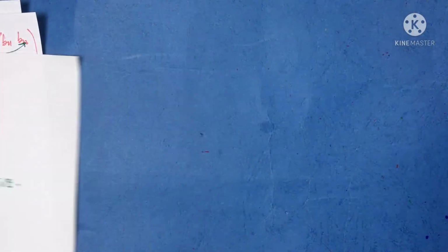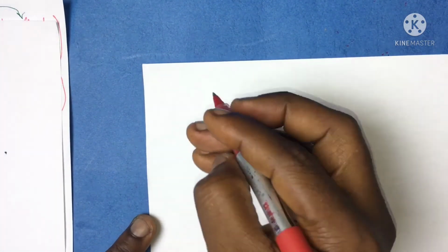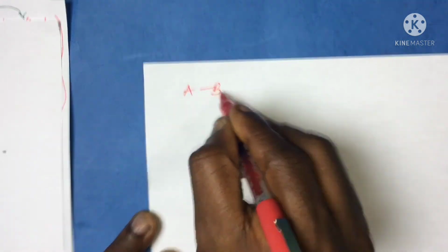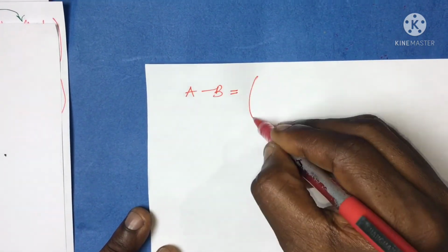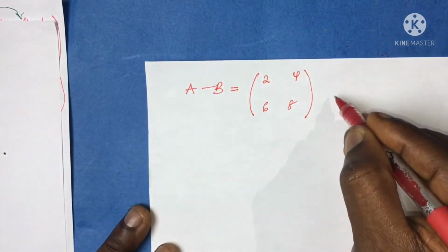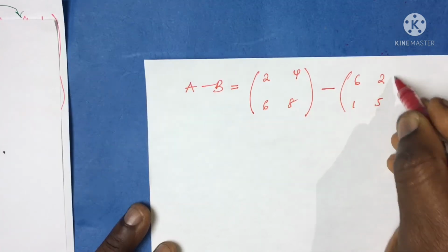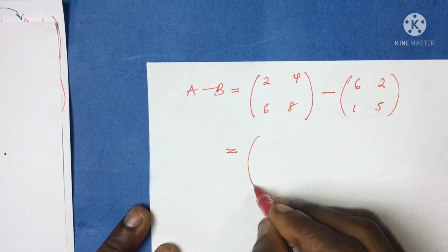Okay, now let us go with this same example to obtaining A minus B. So for A minus B, you would have 2, 4, 6, 8 minus 6, 2, 1, 5. What will the result be?